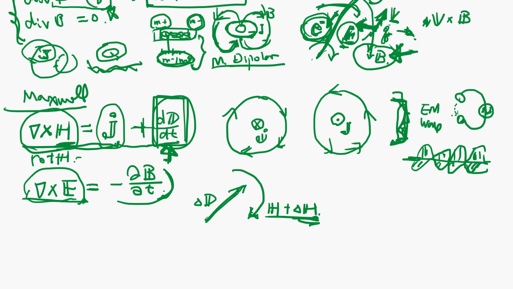That means flux, but it's negative, so it's called opposite. So these two equations show the time variant electric flux will cause the magnetic field, and the time variant magnetic field is going to cause the opposite.